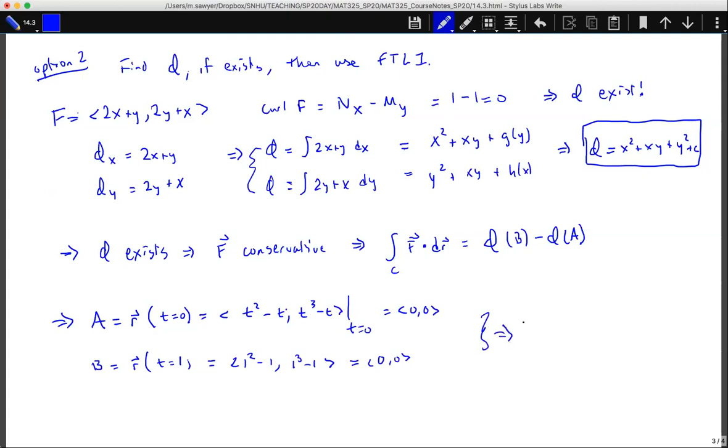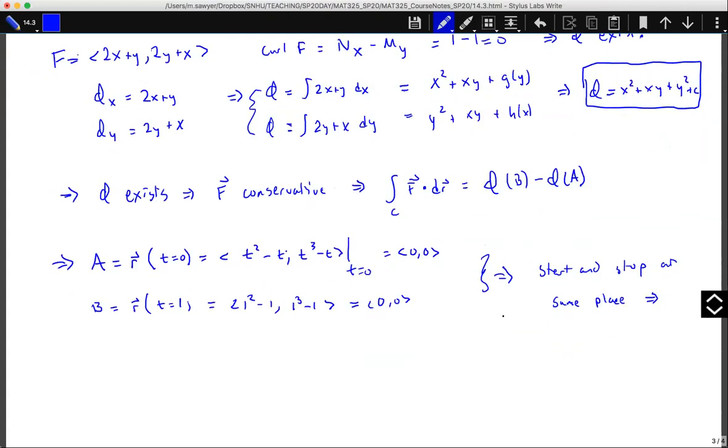So since we start and stop at the same place, by our definition of integrals, just as in Calc 1, we start and stop at the same place, we have gone nowhere. So that means that our integral equals 0.